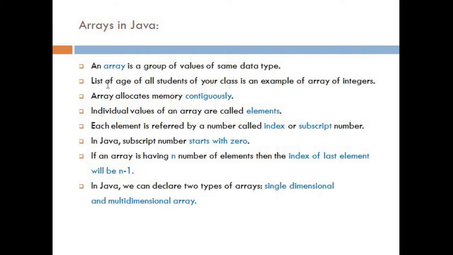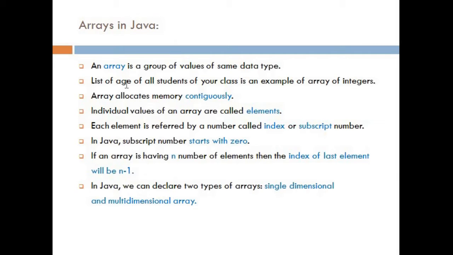For example, in a class full of students, the list of age of all the students of the class can be an example of an array of integers. This is because the age of the students has to be numeric in nature. It cannot be of character type.